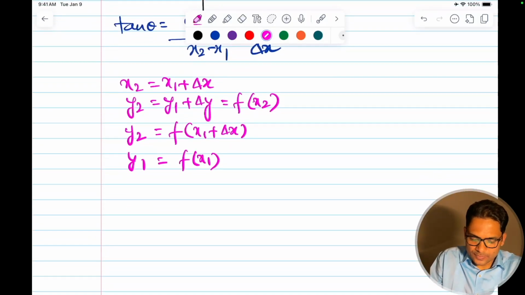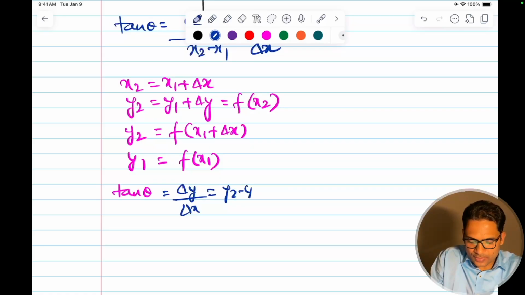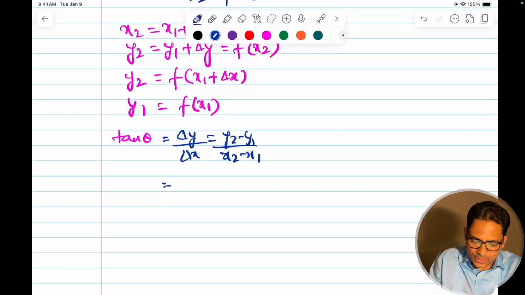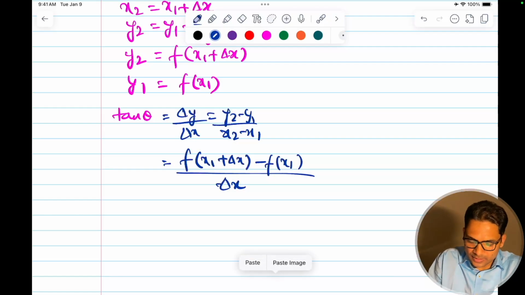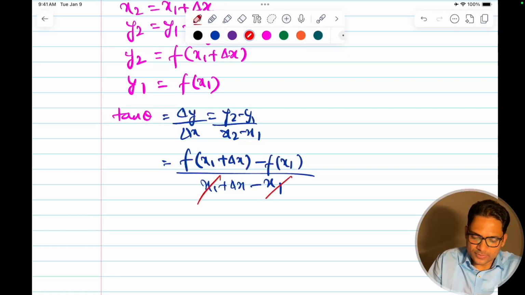So my tan theta is equal to delta y by delta x, that is equal to y2 minus y1 by x2 minus x1. So this is equal to f of x1 plus delta x minus f of x1, and x2 minus x1 is delta x. This is nothing but x1 plus delta x minus x1. This x1 cancels off, so that's what it is.